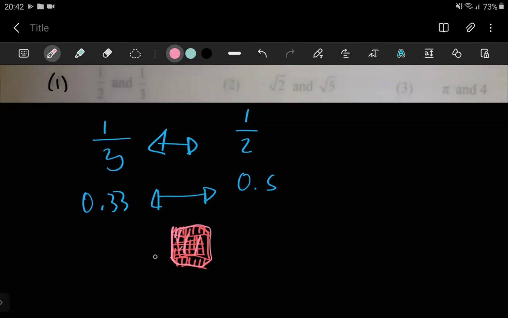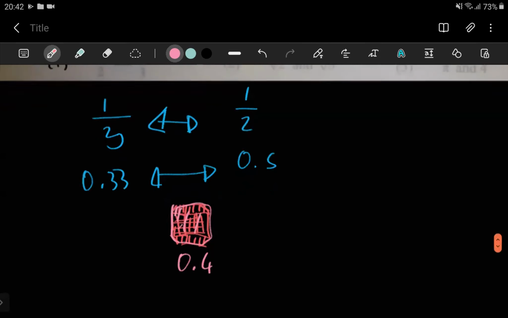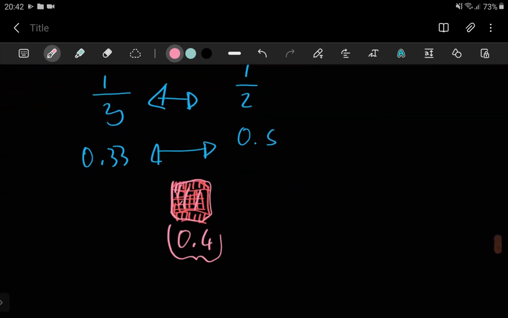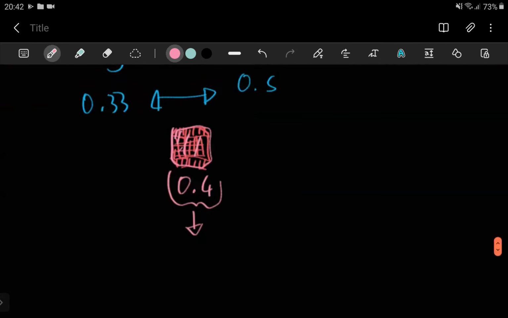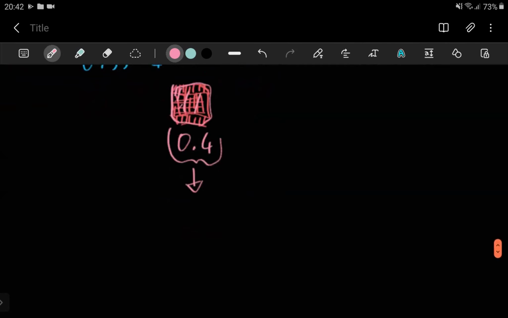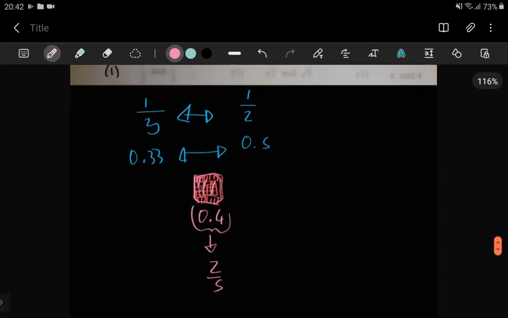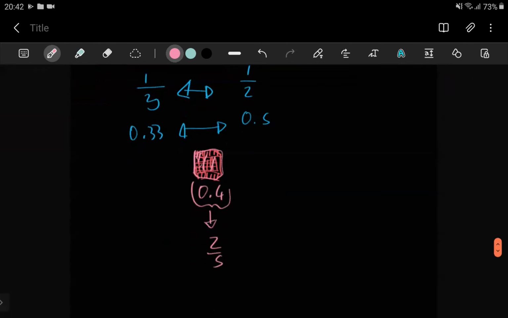I don't know. Okay, what about 0.4? Because remember, 0.4 is between 0.333 and 0.5, and if you throw 0.4 into your calculator, it's just 2/5. You see? I see.